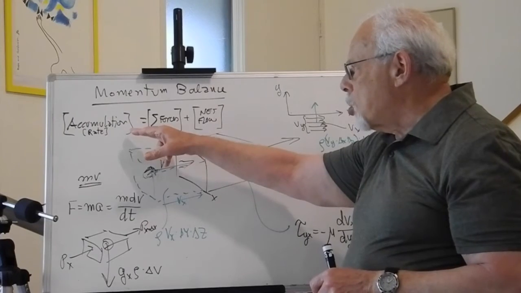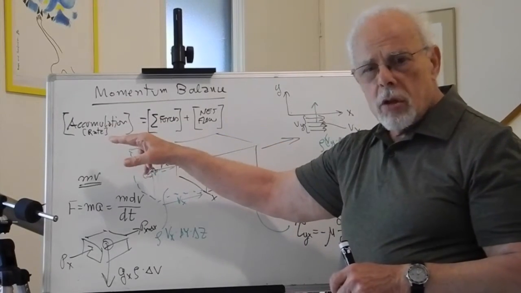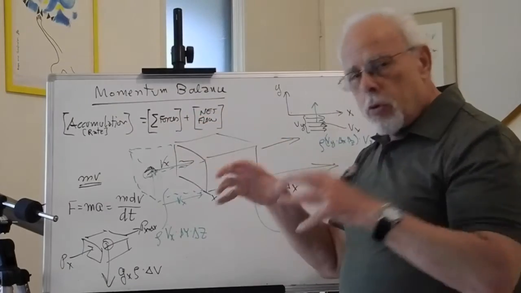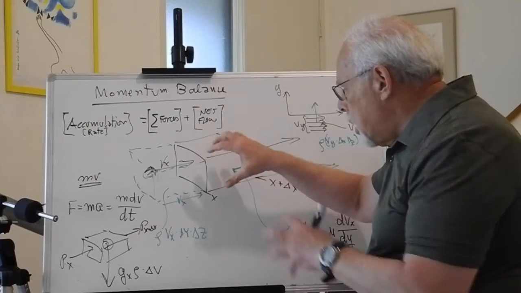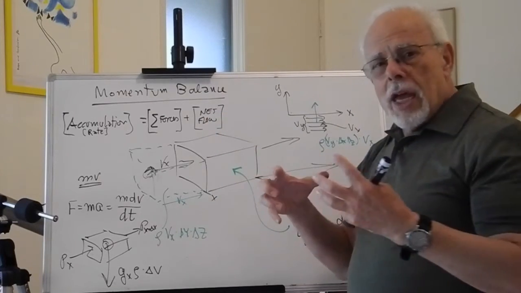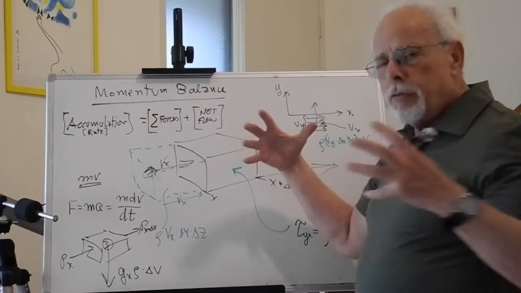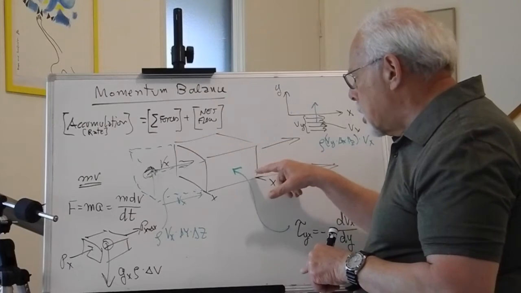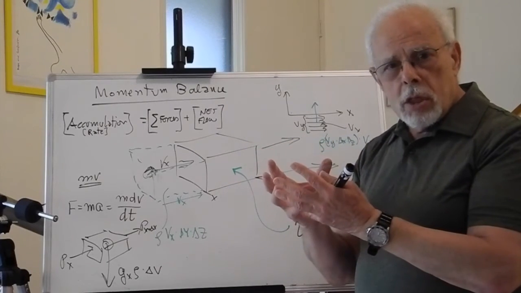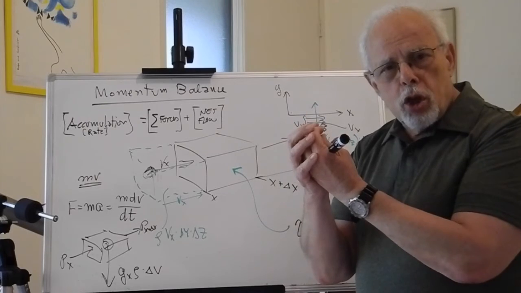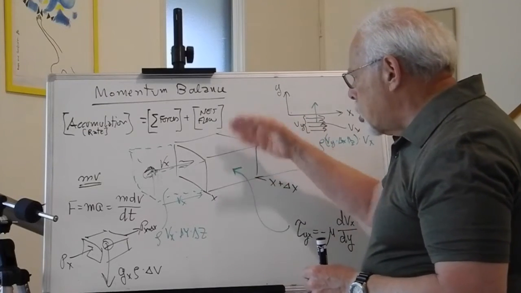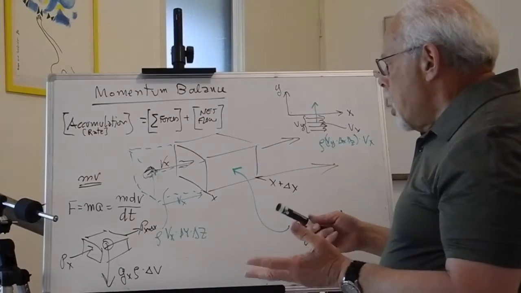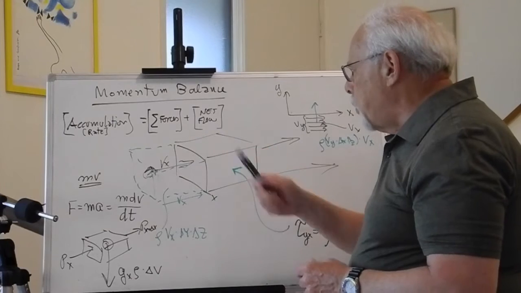This translates to the rate of accumulation of momentum here equals the total of forces applied on this area, plus the net flow of momentum, because this volume is not surrounded by walls, but is an imaginary cube, and fluid goes through each of those 6 faces. So let's start first with the net flow.